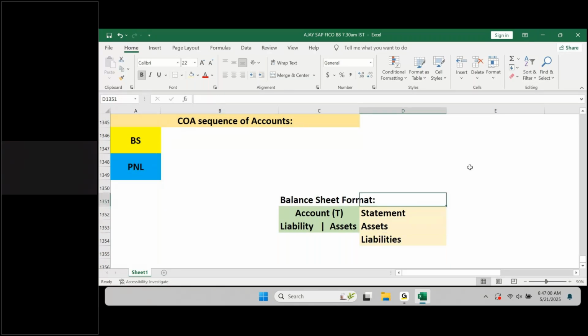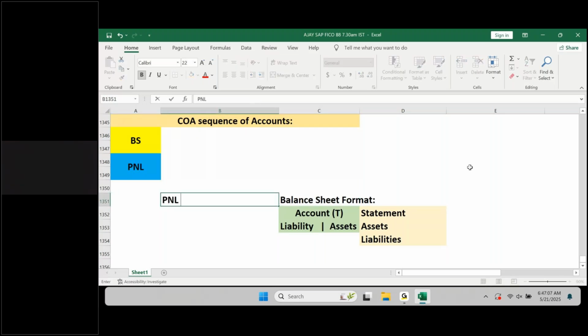Okay. Similarly, if we write the P&L format, what will you do? T-shape, debit and credit.